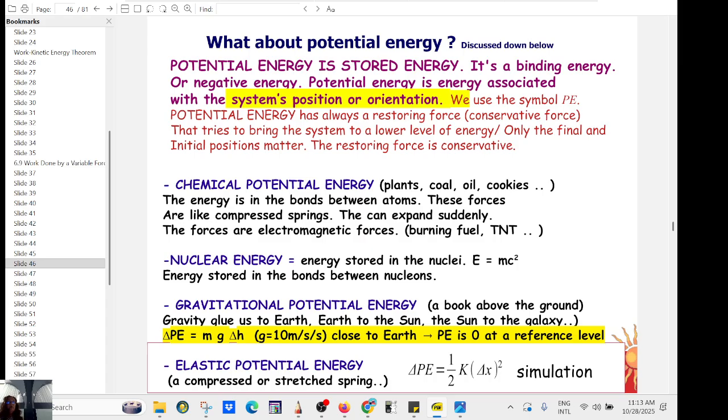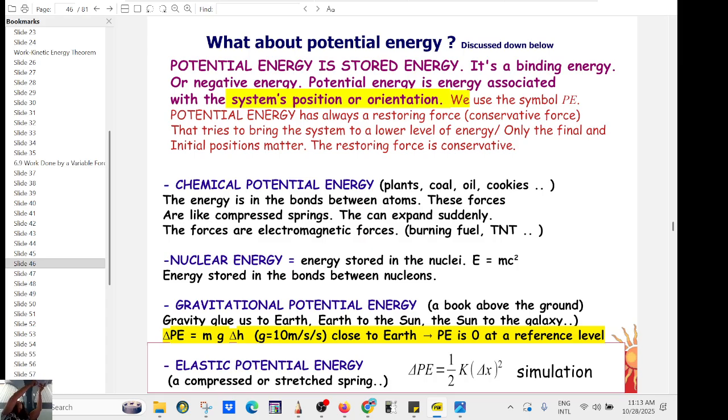So on Earth, close to the Earth, the potential energy is just mgh. Okay, so if you decide that this is your potential energy equal to 0 here, if you want to find the potential energy of the notebook, you just multiply the mass times 10 times the height.